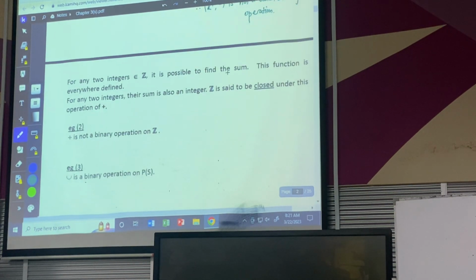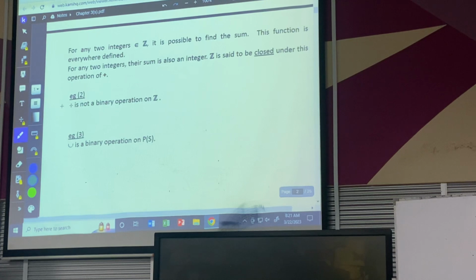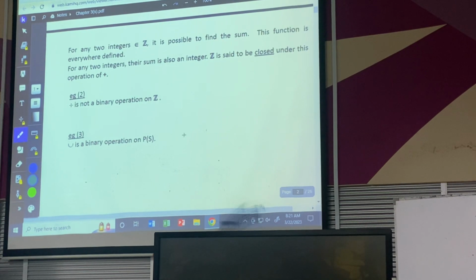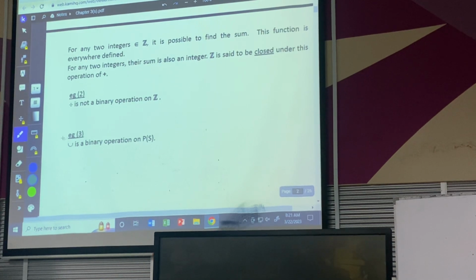So if we look at example 2, divide. Now we need to see the set given here is all the integers. Okay? If we take any two integers with the operator divide, do you think that the answer will come from integers also? No, right? Okay, so this is very clear.